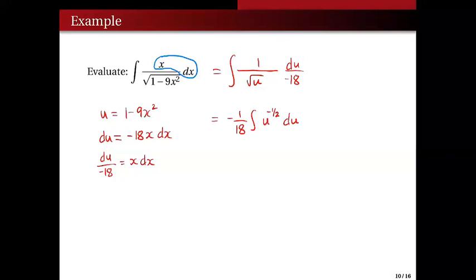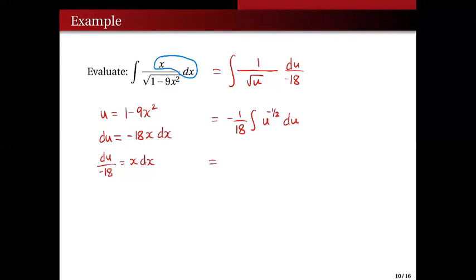Negative 1 half, because originally the square root of u was in the denominator. In the denominator, it's u raised to 1 half. We bring it to the numerator, we get negative for the exponent.